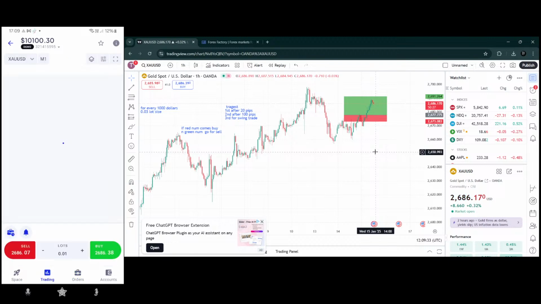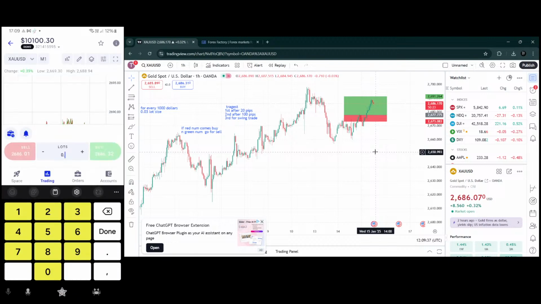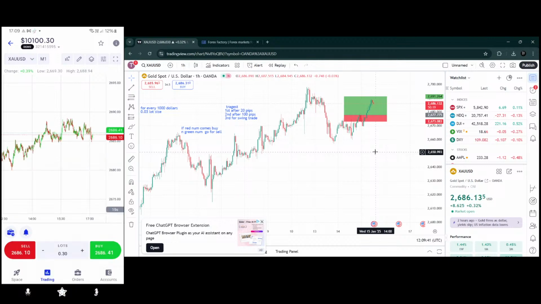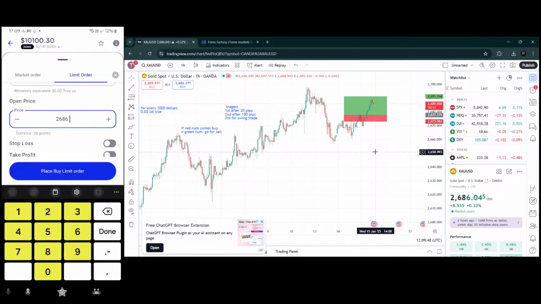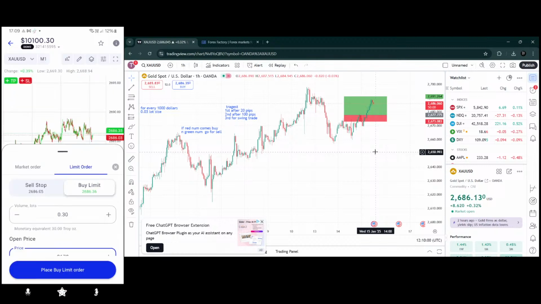And I'm using 0.30 lot size according to my capital. If you are doing trading, remember every $1,000 use 0.03 lot size as safety.